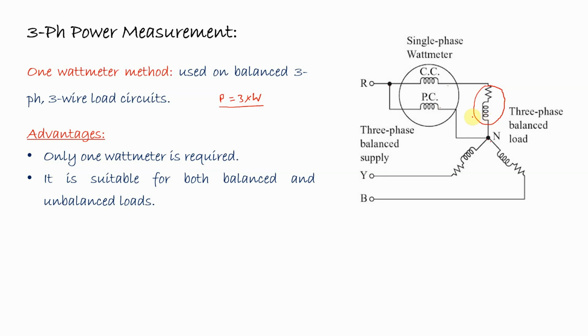Then after reading, we'll connect the wattmeter across the Y phase and the neutral so that it will measure the power for the second phase. And then we'll connect the wattmeter across the phase B and the neutral and measure the power for the third phase. And the individual readings will be added so that we will get the total three-phase power for an unbalanced condition.